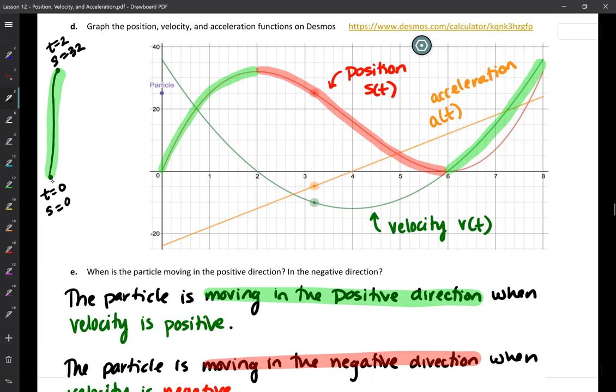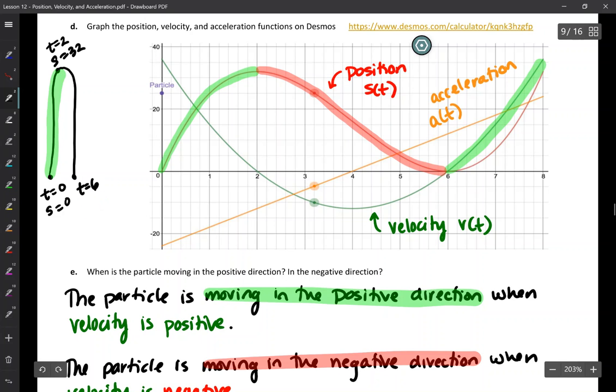At time 0, we're on the ground, and then my particle travels up to a height of 32 meters, and that's at time t equals 2 seconds, and then it's going to turn around and come back down. It's back down at 0 at t equals 6 seconds.